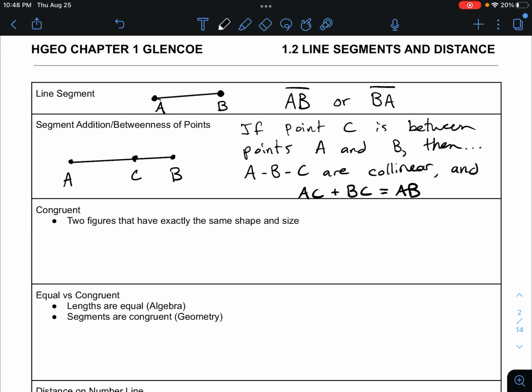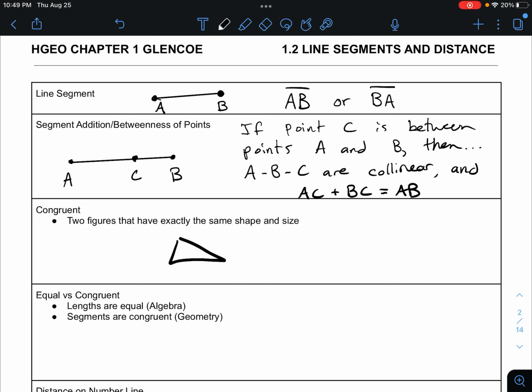The idea of things being congruent: things are congruent if they have exactly the same shape and exactly the same size. So I could take 2 triangles. Let me try that again.